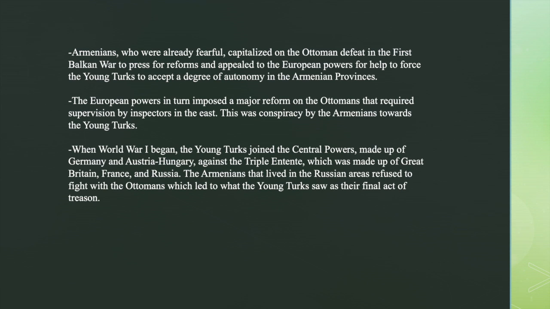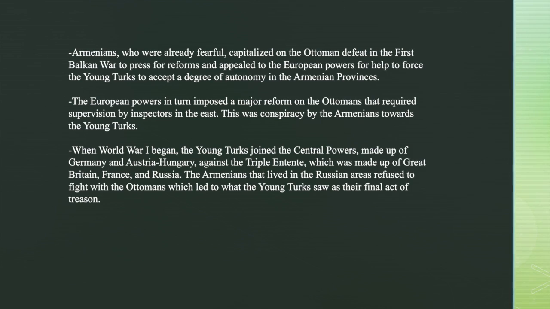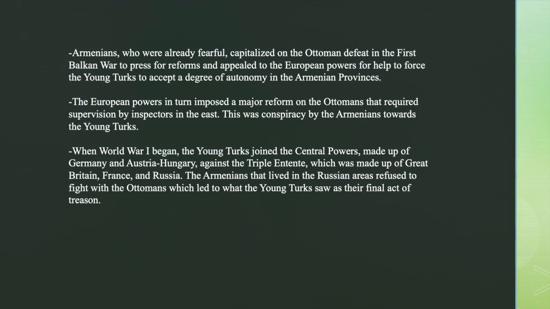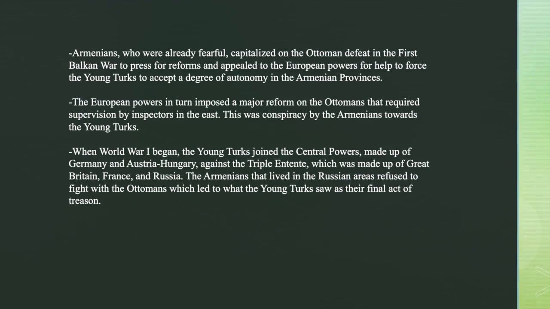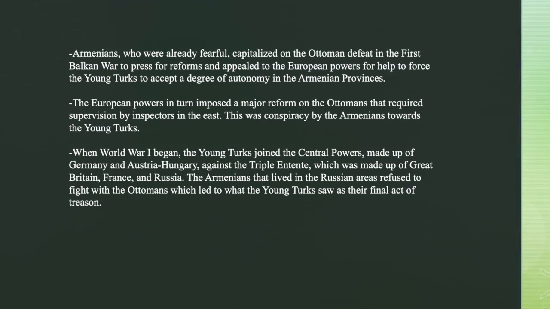Armenians who already knew that the Young Turks kind of resisted them were very fearful, and they capitalized on the Ottoman defeat in the First Balkan War to press for reforms and appeal to European powers for help to force the Young Turks to accept a degree of autonomy in the Armenian provinces.